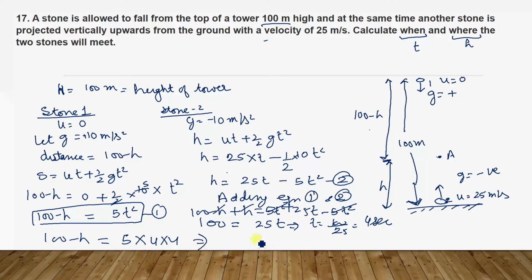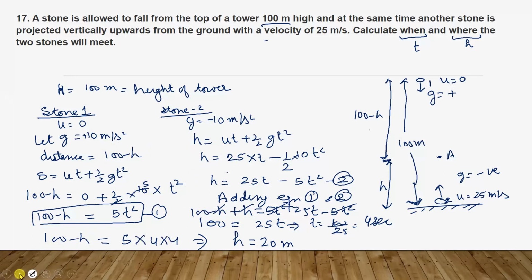On solving it, h comes out to be 20 meters. Try doing it yourself. So h is 20 meters. Both the stones will meet at a height of 20 meters from the ground. Please go through this sum carefully and do it yourself. Only then will you be able to understand.